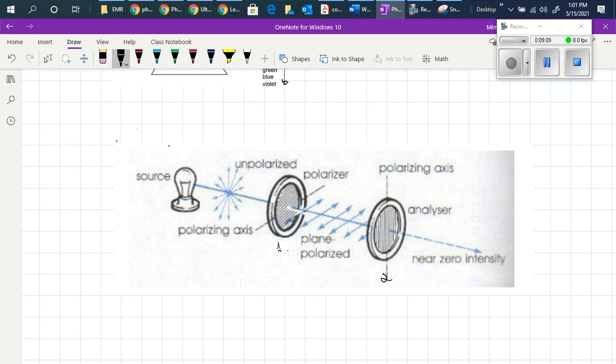So what we see here is a net zero intensity. When polarizing filters are parallel to each other, then the light passes through, and when they are perpendicular, then no light passes through.